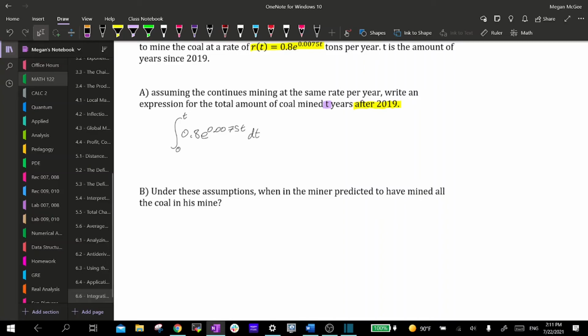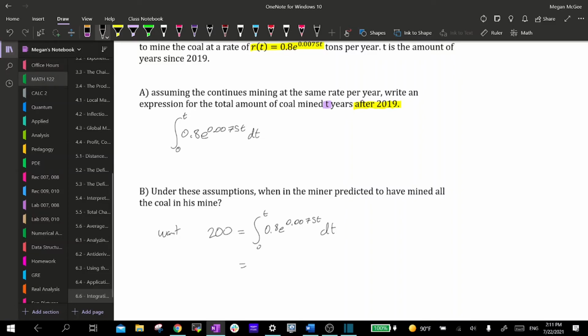All right, so we want 200 tons of coal to be equal to this integral from 0 up to t of 0.8 e to the 0.0075t dt. All right, so when this total amount of coal mined is equal to 200, well, that is when the coal has finally run out, or the mine has finally run out of coal, right?